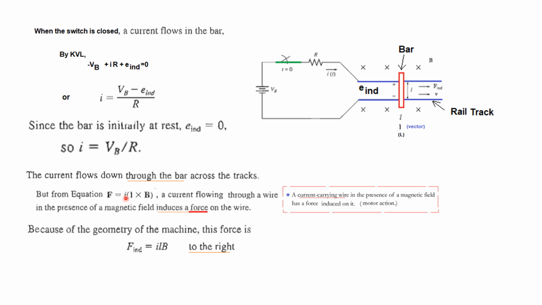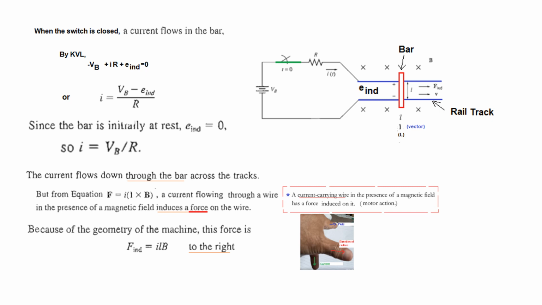If we write this in terms of magnitude only, then vector L will become small L, and vector B will become simple B, not bold. So F induced will be given by I into L into B, and its direction, it says, will be right. We already have discussed this, but let's see again.